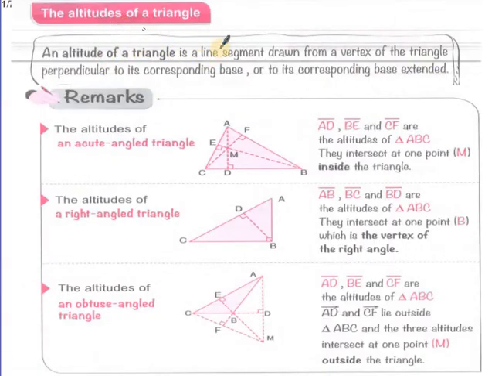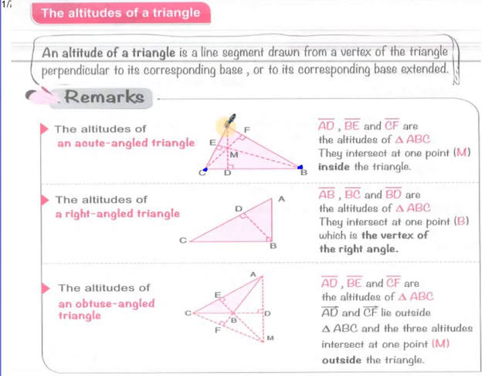The altitude of the triangle, or the height of the triangle. Each triangle, of course, has 3 altitudes, because the altitude is a line segment drawn from any vertex, here, here, and here, to the opposite side of the triangle, perpendicular to the corresponding base.